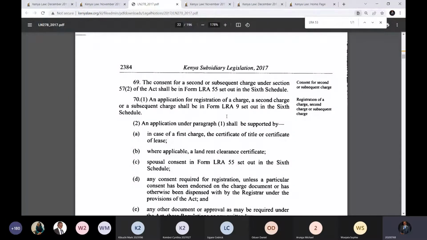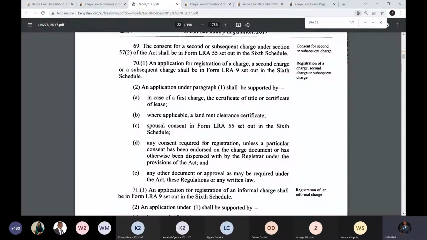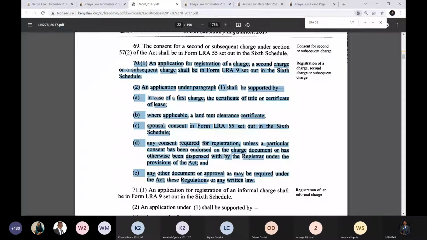You also need spousal consent if it's matrimonial property, land rent clearance certificates, any other consents, and any other documentation needed. So this is a crucial regulation when answering that question. Pursuant to regulation 70, you have to prepare all this documentation.